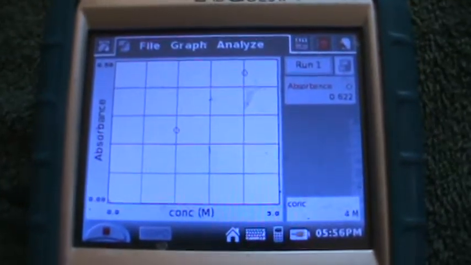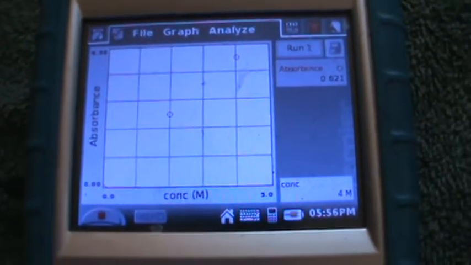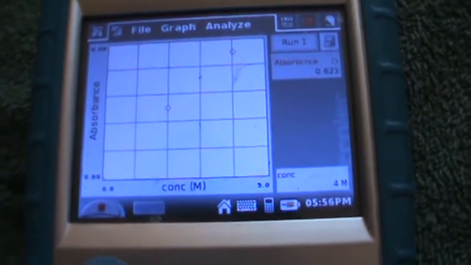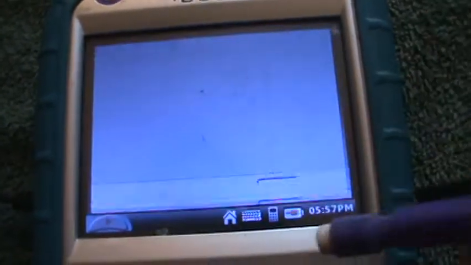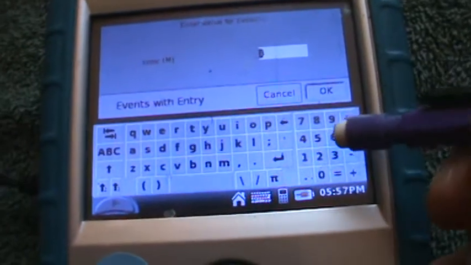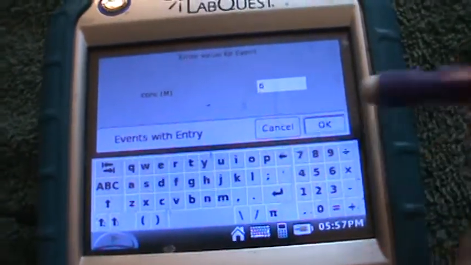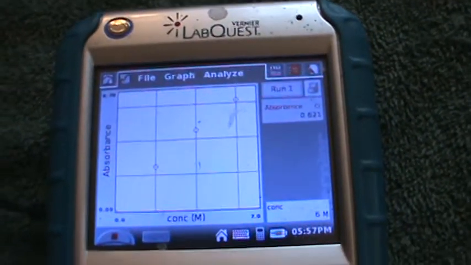And this is safe. But if you were working on an experiment that required a solution that had a natural pigment to it, then this would be a good way of determining your concentration. Okay.